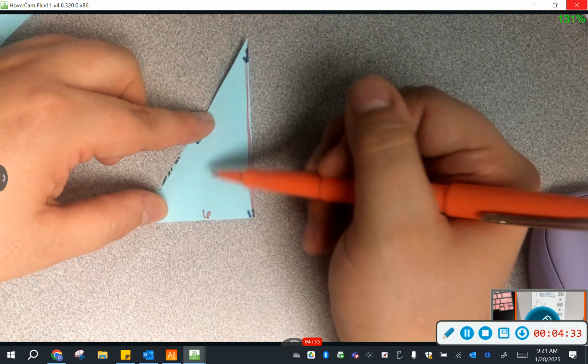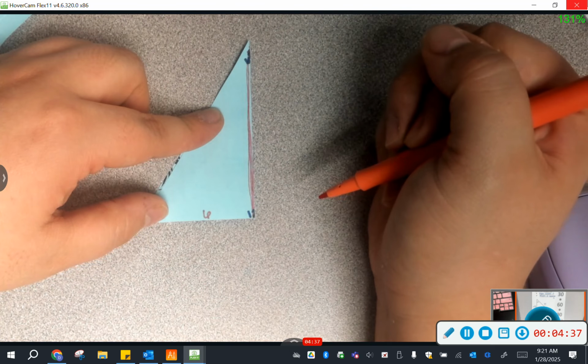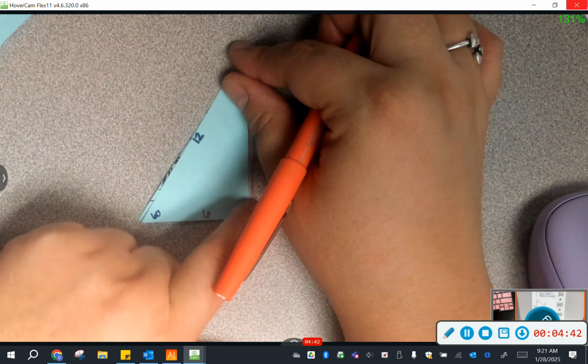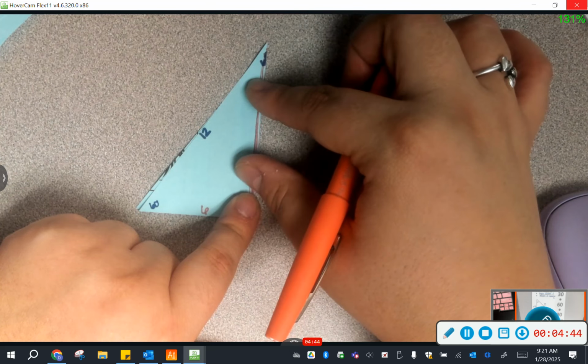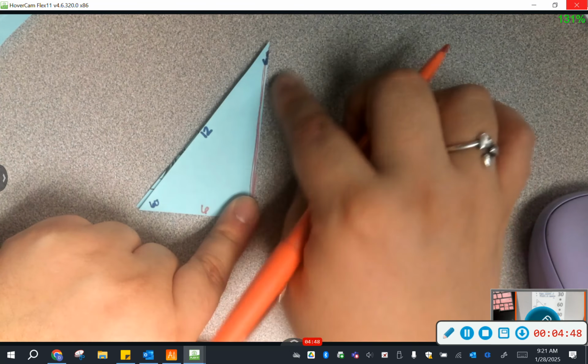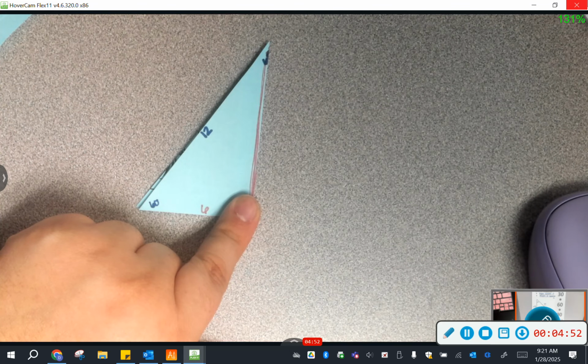And if I know this is 12 and this is 6, how can I find this side right here? How do you find the side of a missing triangle?